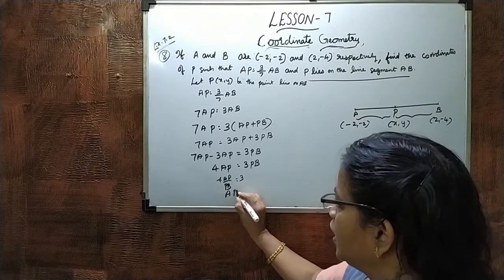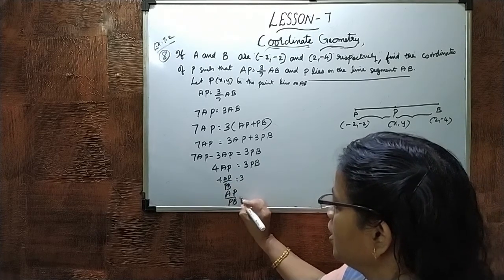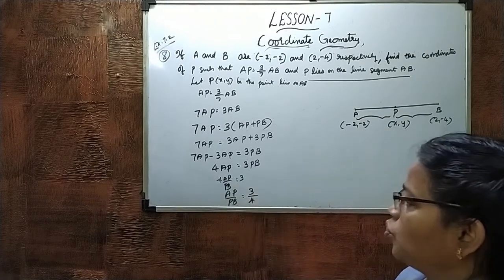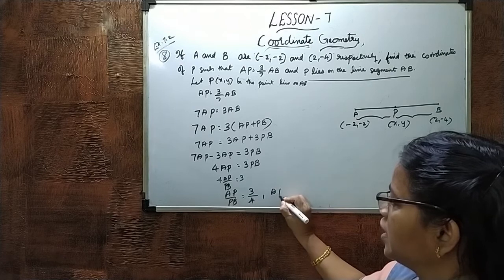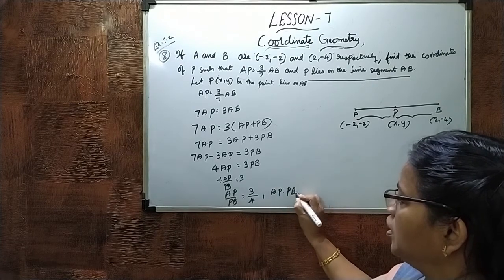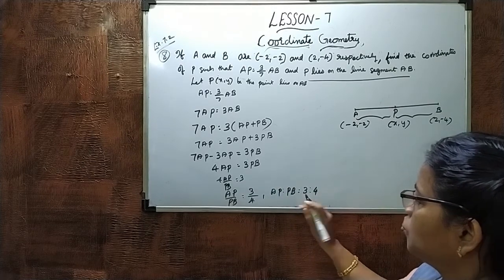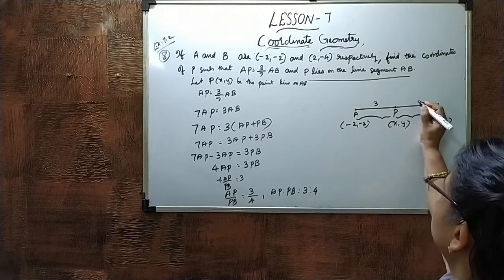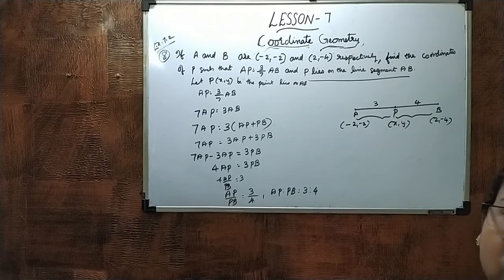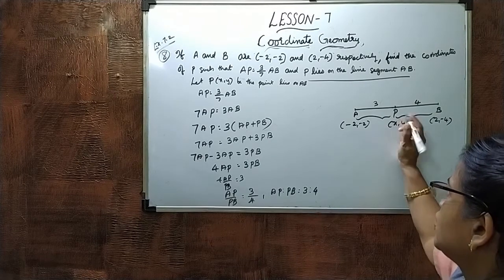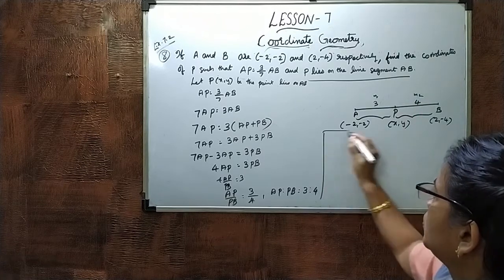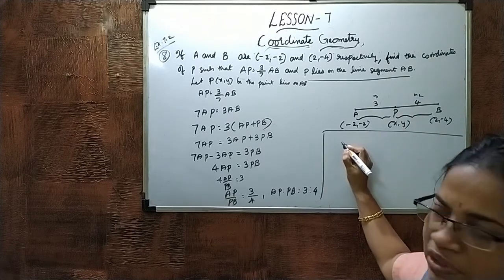It will be AP by PB equals 3 by 4. That means the ratio AP is to PB equals 3 is to 4. So AP is 3 and PB is 4. Now we have 3 is to 4, we can find the point. Here it is m1, here it is m2. So what is the formula for that with the ratio?